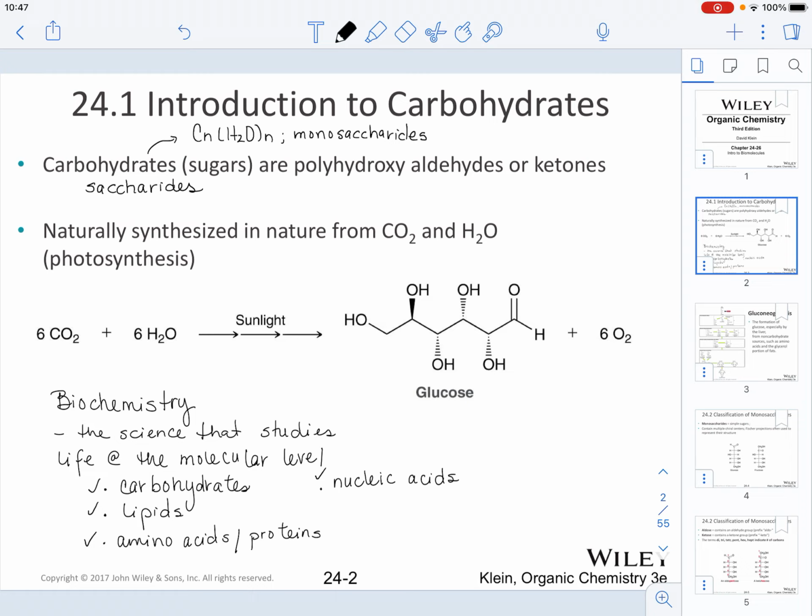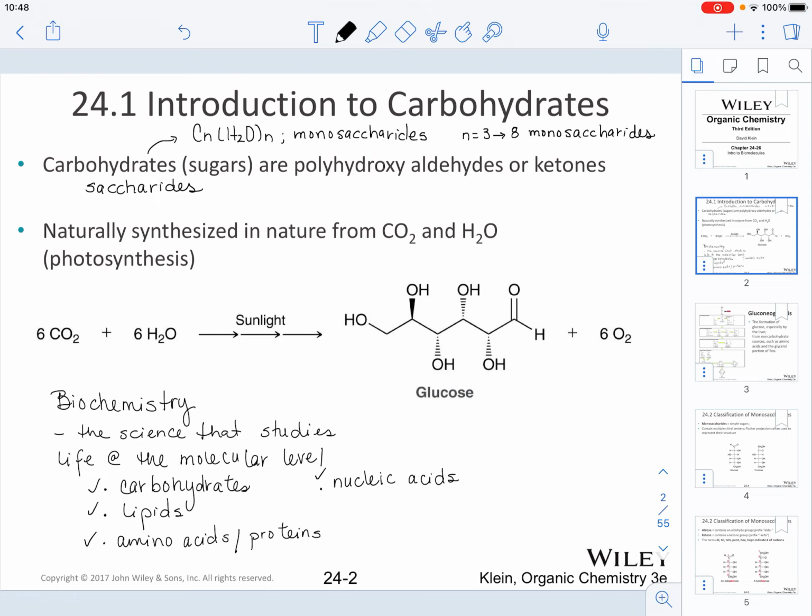There are some larger carbohydrates that also have this general formula. n refers to an integer and it's going to be anywhere from 3 to 8 for the monosaccharides. And monosaccharides simply are going to be a single unit of carbohydrate, as we're going to be discussing.